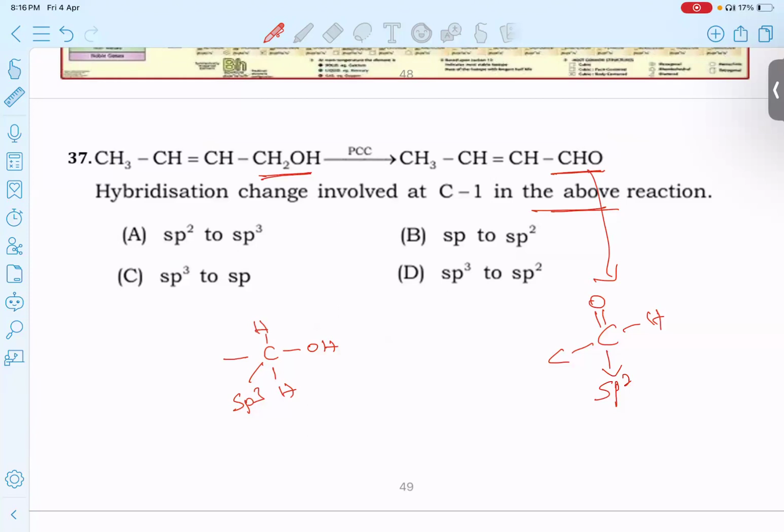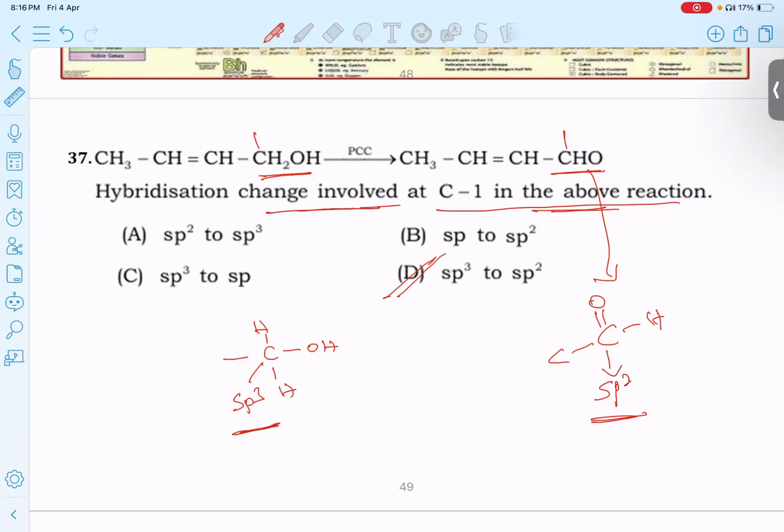Carbon atom number 1 means the carbon atom containing the functional group, directly attached to the functional group. So the hybridization change at carbon atom number 1 is from sp3 to sp2. The correct option is D.